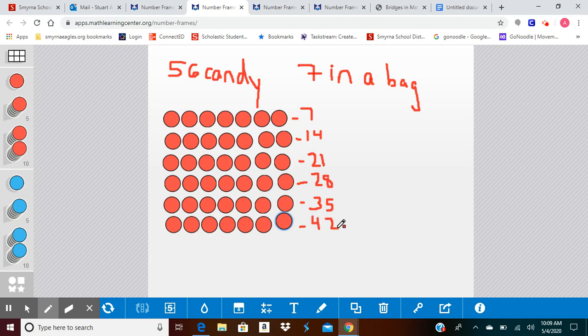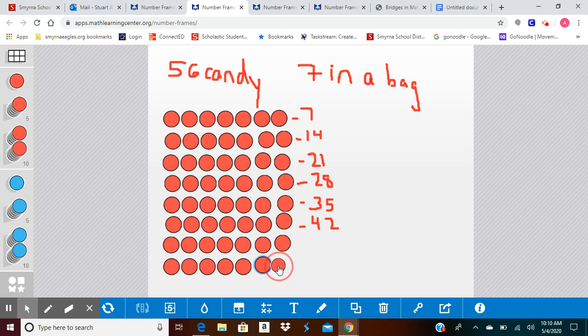Okay, we're getting closer, but we're not there yet, so we need to continue. Okay, let's count. So 42 plus 7 more is 49. And then we do get 56.